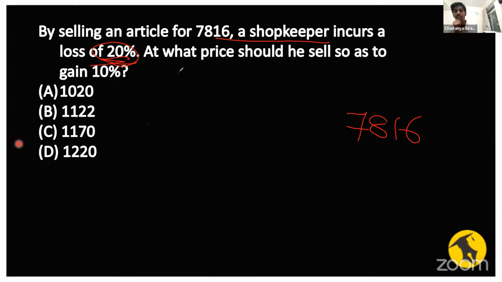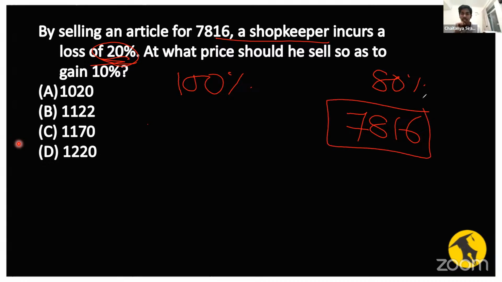So let's say if the original price was 100% and he made a 20% loss, this must be 80%. Correct? Now what they're saying, at what price should he sell to gain 10% profit? So for 10% profit, he has to sell at 110% of the original price.